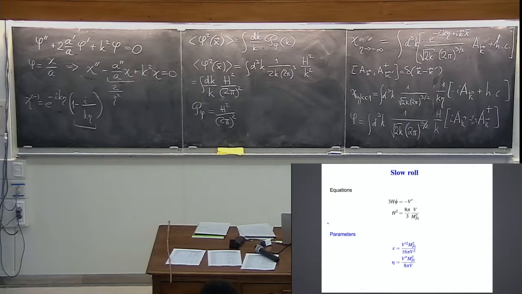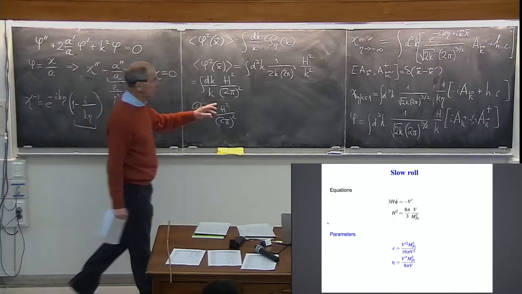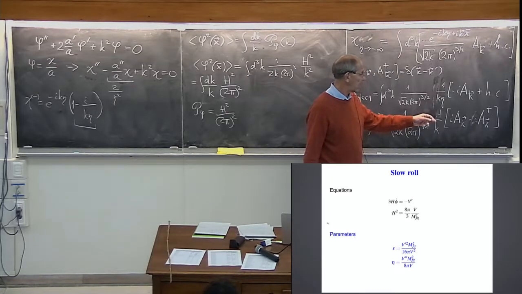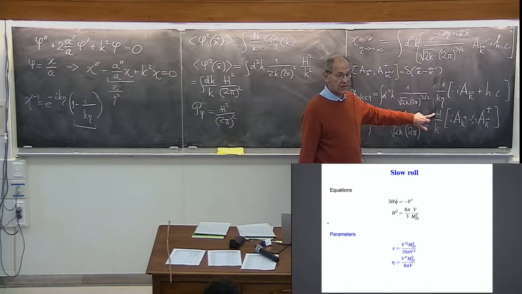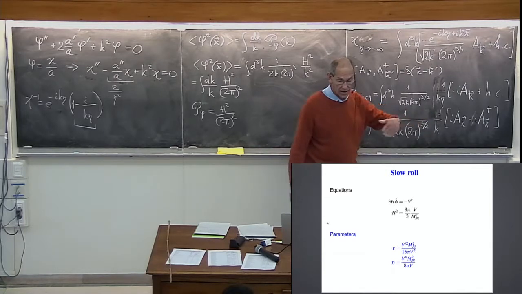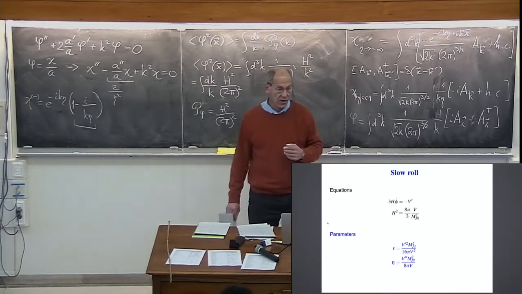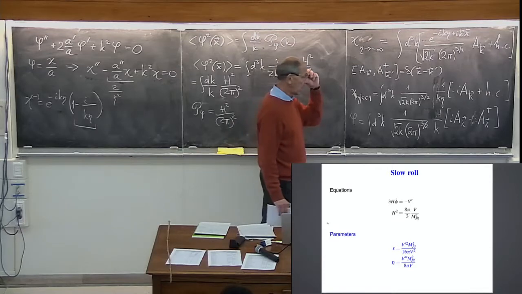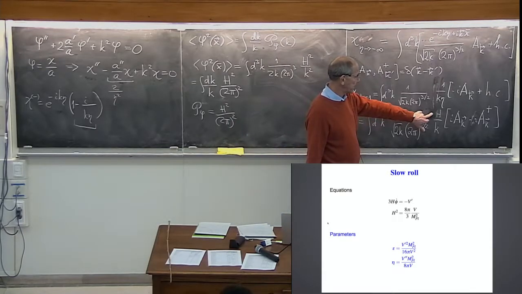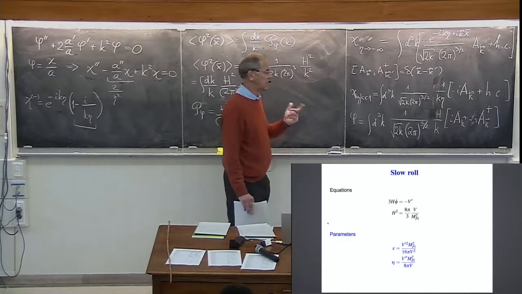Okay? In fact, there is some dependence on momentum because my modes exit the horizon at different times, and at different times this h is different, right? So if you exit the horizon later, which is true for short modes, then this h is smaller.